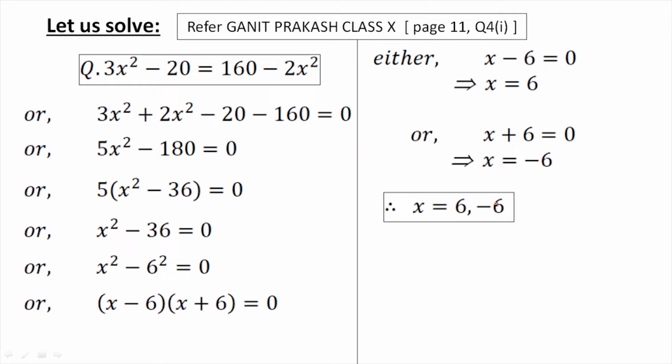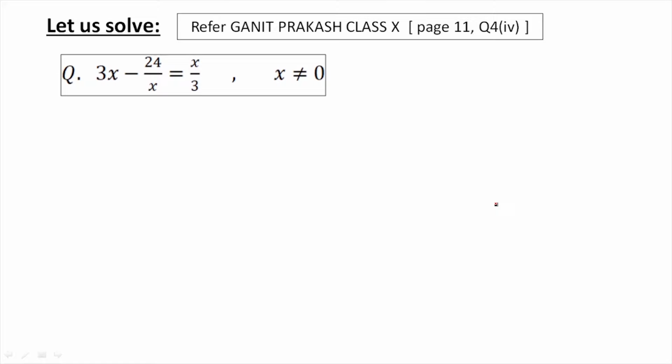Let's see one more example. This is also from the same book, Ganit Prakash, class 10, page number 11, question number 4. In this type of question, there is a fraction here, so we will try to find the LCM and accordingly solve it.